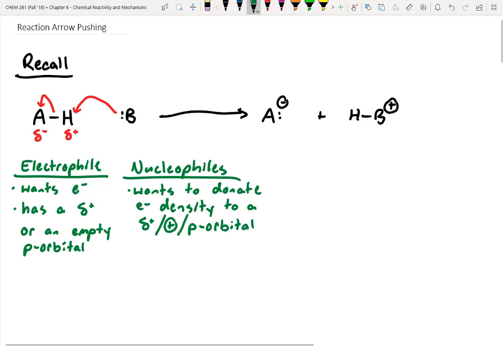And I should also clarify here that an electrophile can either be a partial positive or a full positive. So really, a nucleophile is just going to donate its electron density to the electrophile.